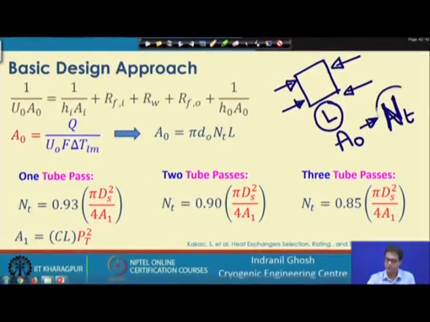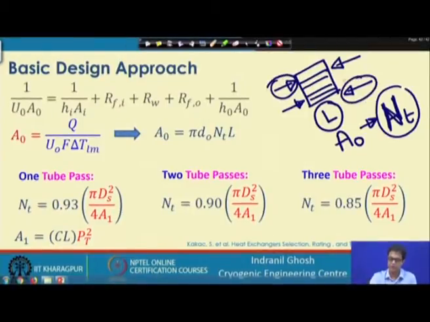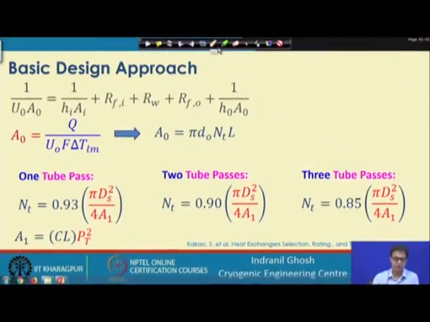From there, when we have some kind of geometry known to us, we go for the rating problem, as if we have finalized the heat exchanger and we have the inlet temperature known to us, and then we try to calculate the exit temperature. So, basically it is a kind of trial and error method, but slightly better than trial and error.